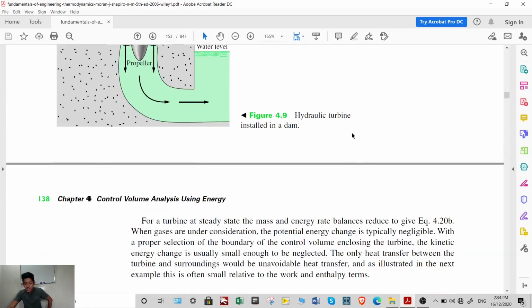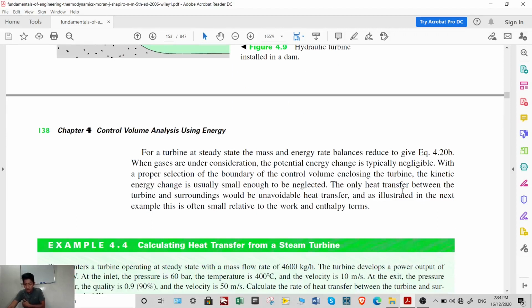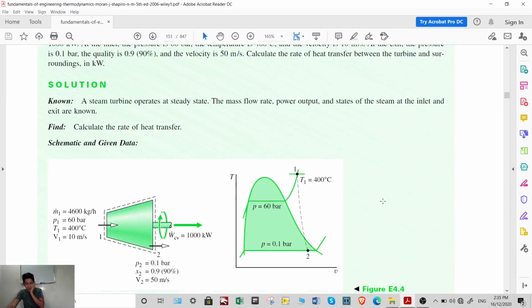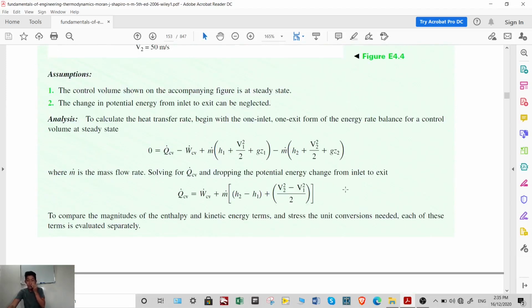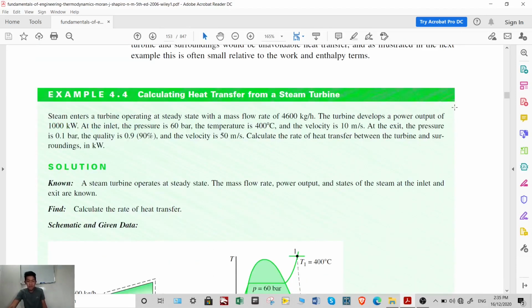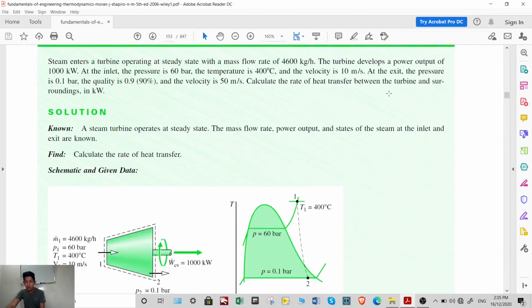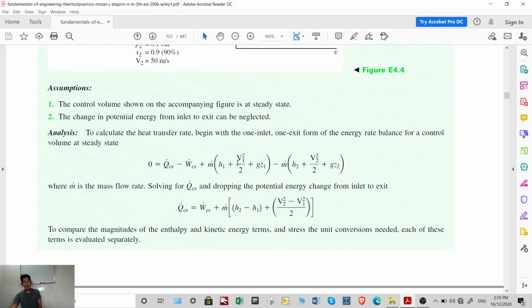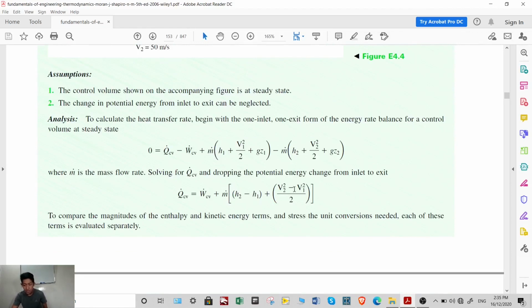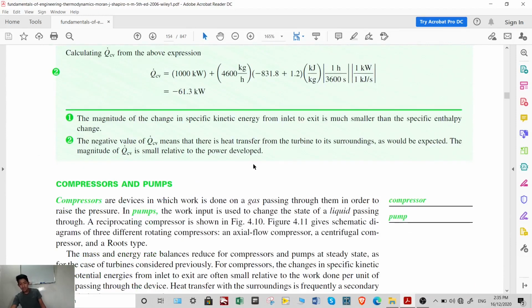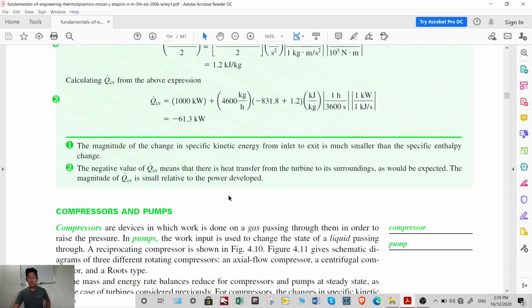The only heat transfer between the turbine and its surroundings would be unavoidable heat transfer. It depends on the problem: if velocity is given, you cannot neglect it. Potential energy can be neglected if the problem says so, or if it is not given, since it is minimal. You can solve examples to master this.